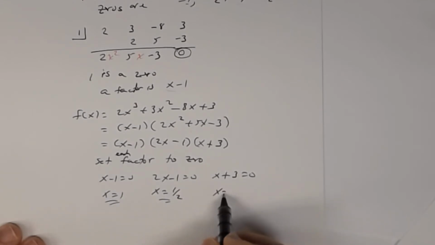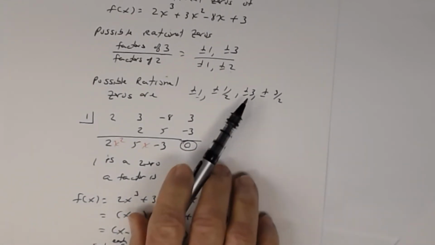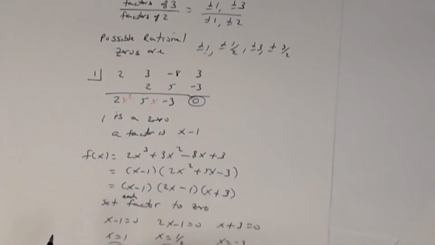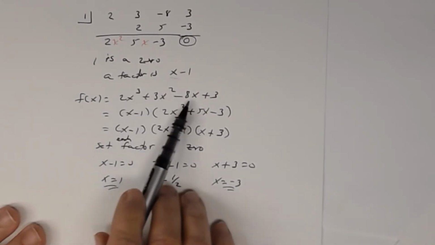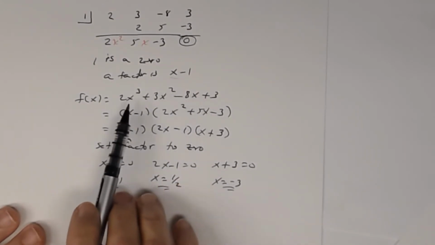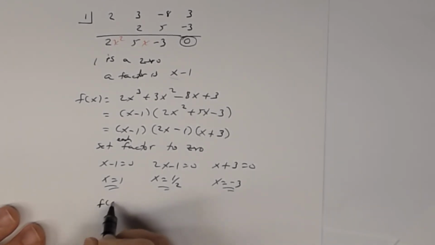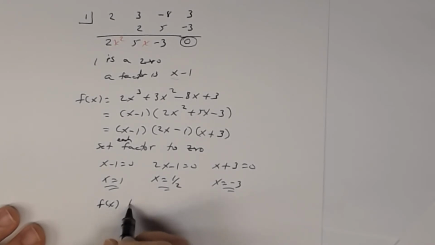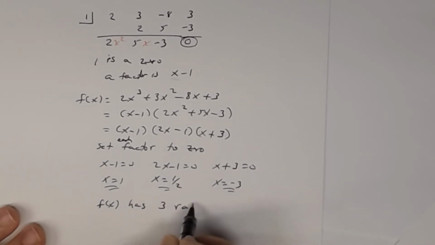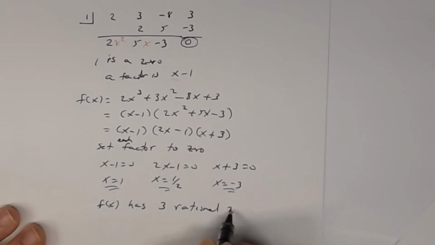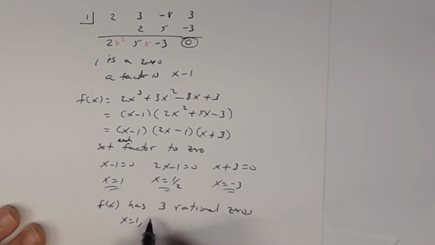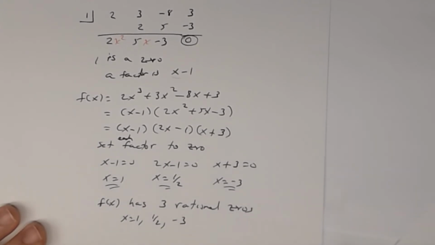And then the other one is -3, which we knew was a possibility. All right, so this cubic function had 3 rational zeros, and those are your rational zeros. So f of x has 3 rational zeros, and they are 1, 1/2, and -3. All right.